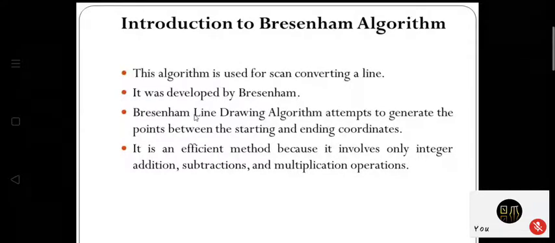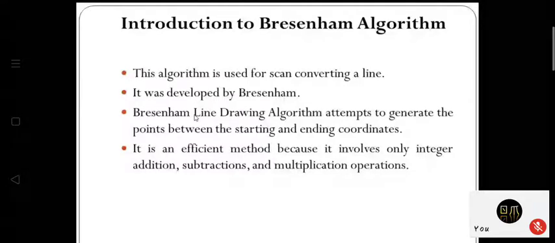Then this algorithm was developed by Bresenham. So he was the one who had created the algorithm, and he has given his name. This algorithm attempts to generate the points between the starting and ending coordinates. So in the numerical, starting and ending coordinates would be given to you.